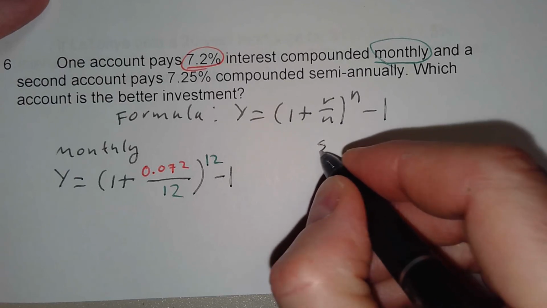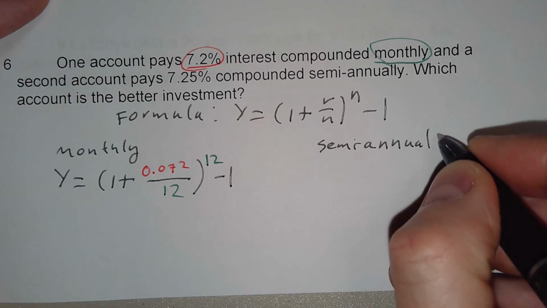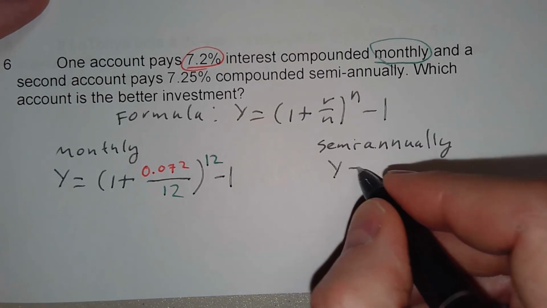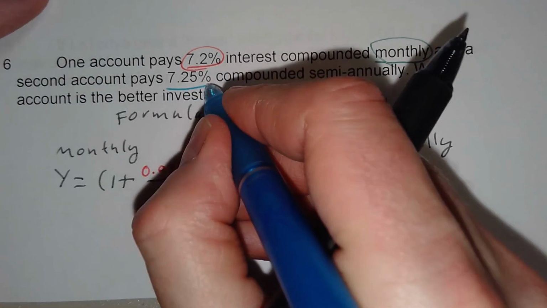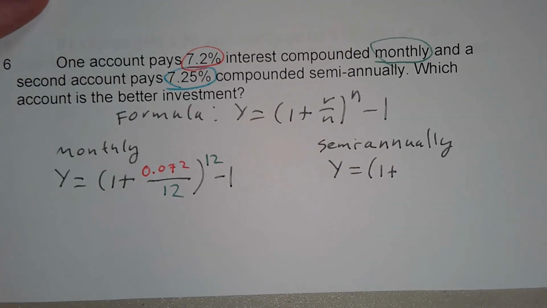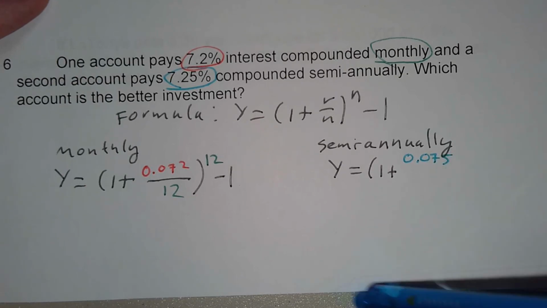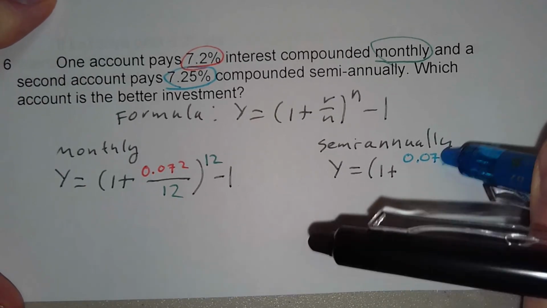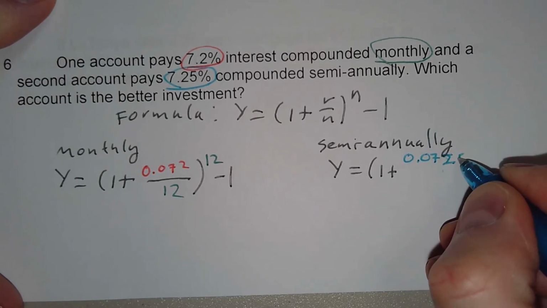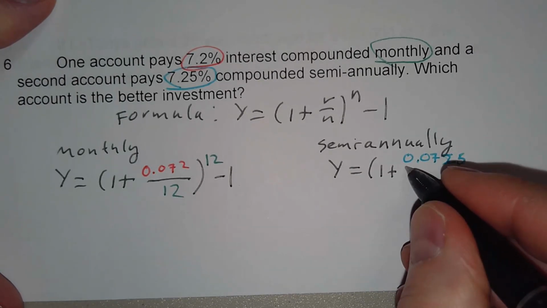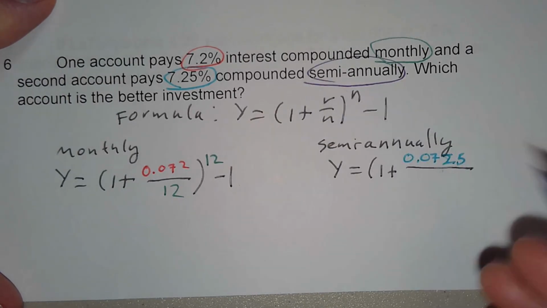For the semi-annually, we're using the same formula, but our interest rate is 7.25%. And let me correct that. And it's semi-annually, so that means interest is compounded twice a year.